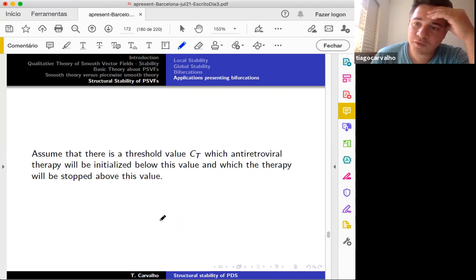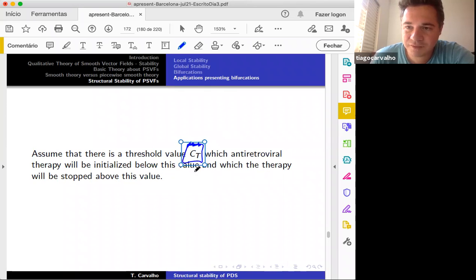And when will we impose or not the treatment? When the good cells in our body reach some specific value.